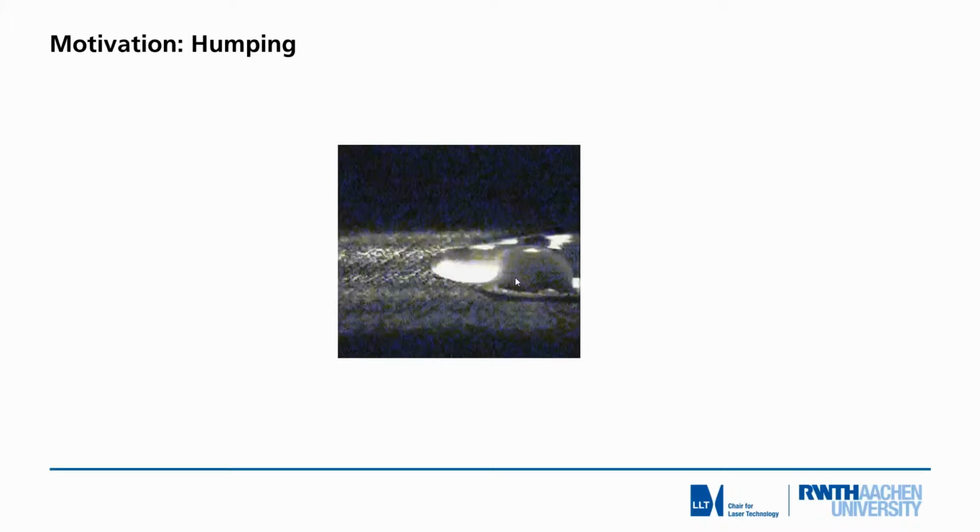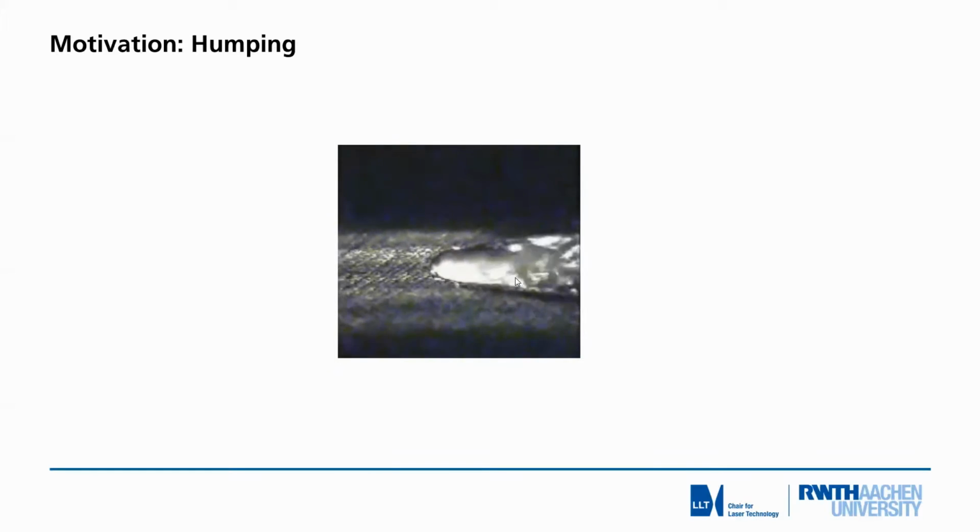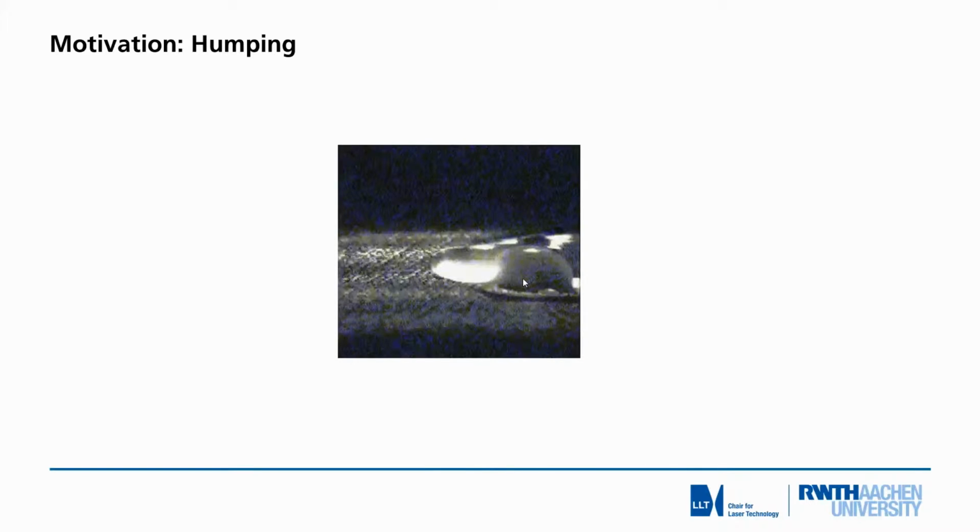And if we start the motion of this slow motion video, you see the dynamics, how the melt is expulsed in certain time intervals. And as a result, if you would see the recast in the back of that, you would see a periodic recast, a wavy structure, which we call humping. Now, where do these melt dynamics come from?